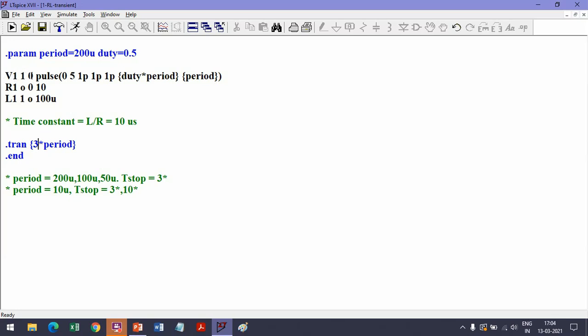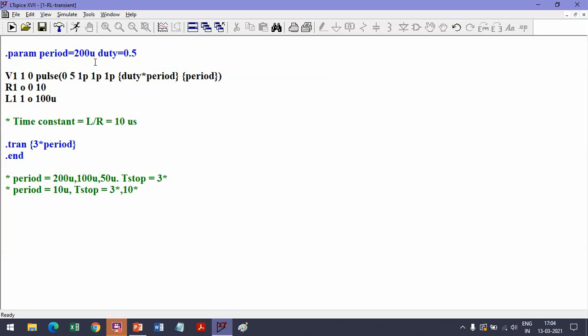We have a voltage source whose period is 200 microseconds, and the duty is basically capital T1 by capital T, which we keep fixed at 0.5, so we'll apply a pulse, and the resistance is 10 ohms and the inductance is 100 micro as we have designed, and the time constant is 10 microseconds.